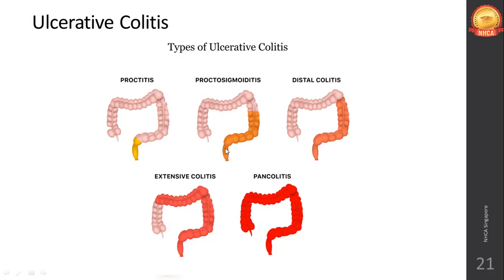Proctosigmoiditis, okay, the rectum along with the sigmoid colon is inflamed. Distal colitis, rectum, sigmoid colon, and the descending colon are inflamed. Extensive colitis is along with the transverse colon, descending colon, sigmoid colon, and rectum inflamed and ulcers are present. Pancolitis means the entire large intestine is inflamed. Okay, so these are the different types of ulcerative colitis.